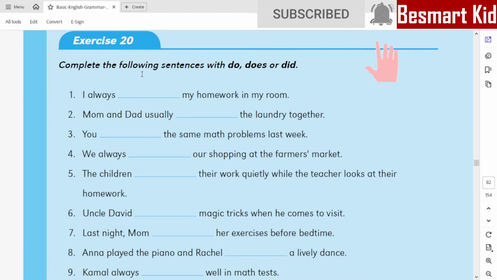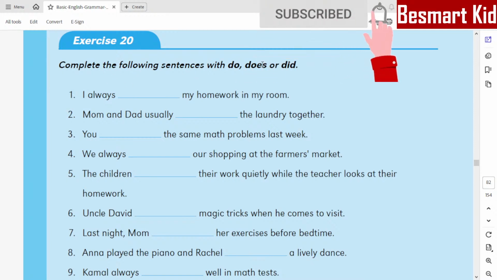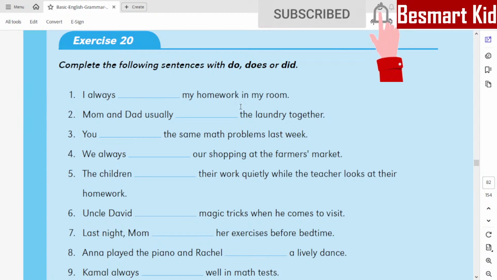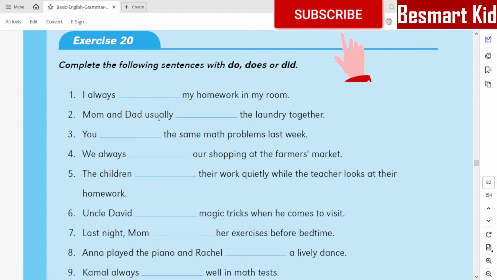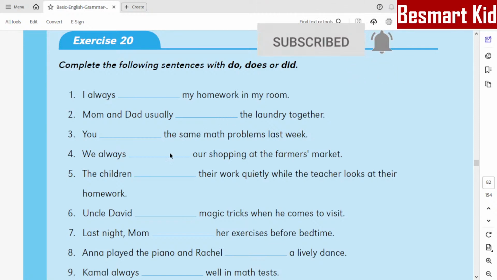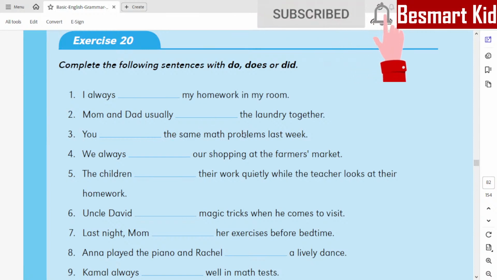Exercise 20. Complete the following sentences with do, does, and did. First, I always do my homework in my room. Second, Mom and Dad usually do laundry together. Third, you did the same math problem last week.